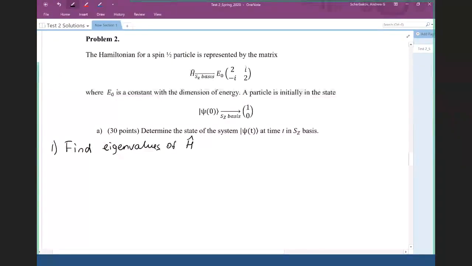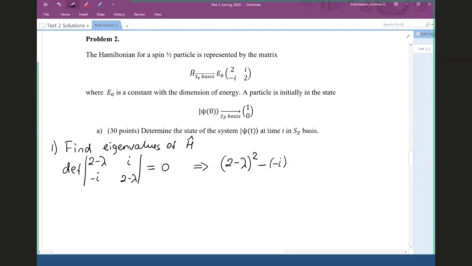So what do we do? We calculate the determinant of the matrix with 2 minus lambda, i, negative i, 2 minus lambda, which means we subtract lambda from the main diagonal. We find the determinant of this matrix and set it equal to 0. That's called the characteristic equation. We've done it many times. So how does this equation look? It's going to be 2 minus lambda squared, right? Minus what do we have here?